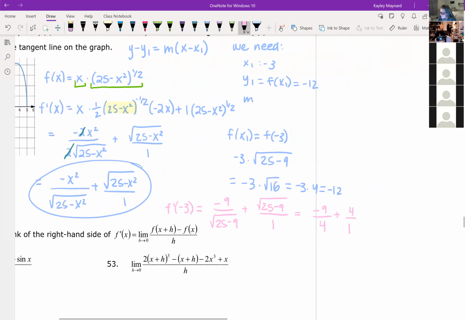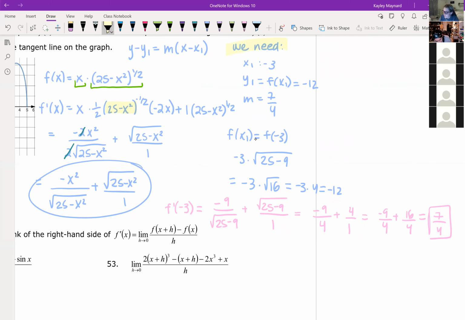Okay, so now we have to add these fractions together. To add them together, I'm going to get a common denominator. This is negative 9 over 4 plus 16 over 4, and that is just equal to 7 over 4. Okay, and that means that our m is 7 over 4.